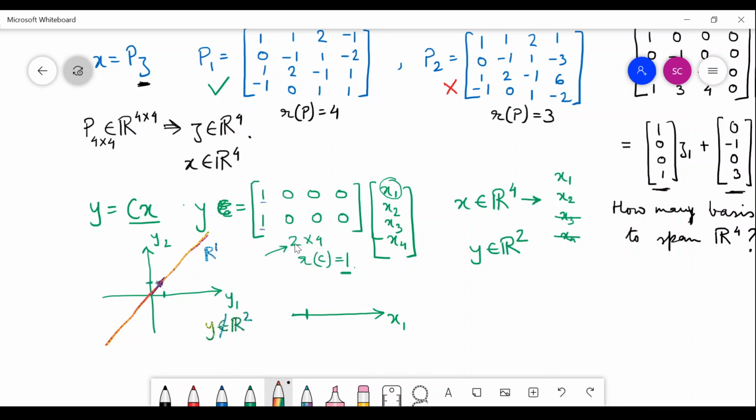The rank was supposed to be 2, but the rank is 1 because of this arrangement of the elements like this, giving us only one non-zero column. So that is important. How many non-zero columns are there? That much of space you will be able to span.